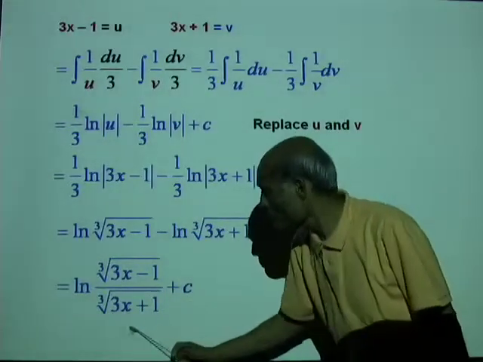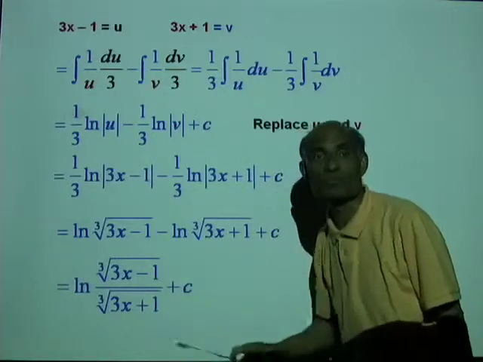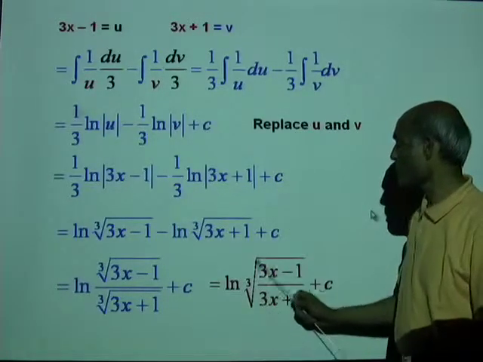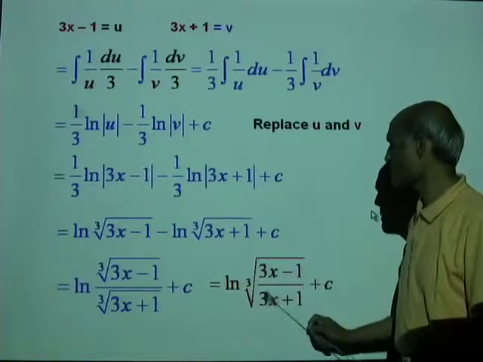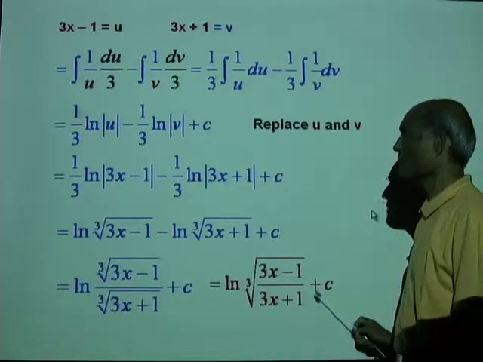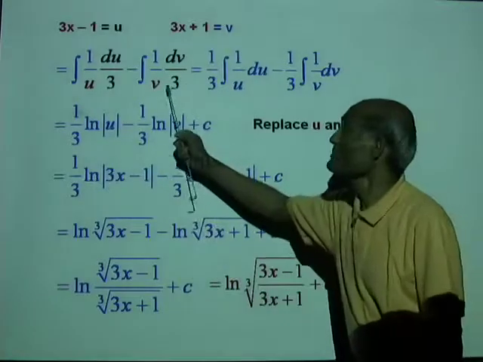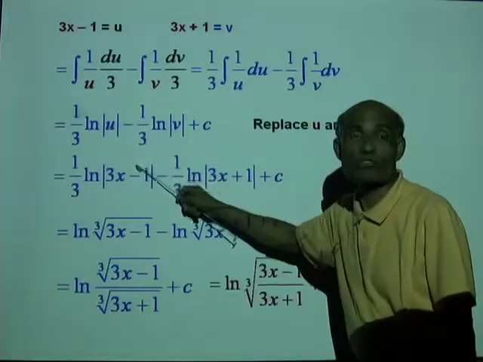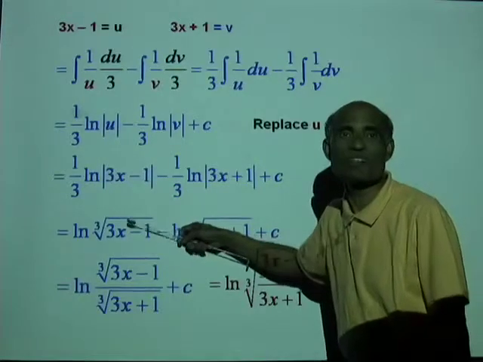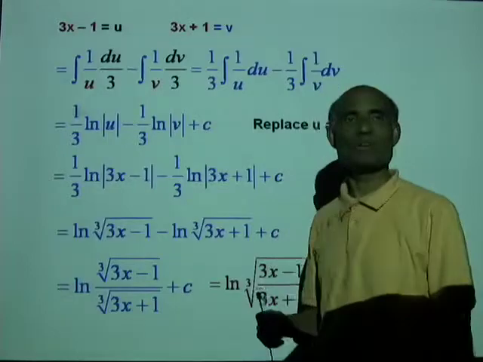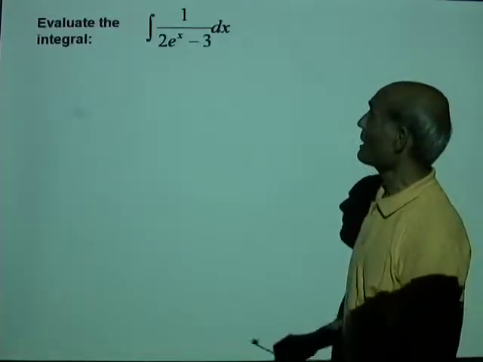And this can be written in a single cube root. So our answer will be ln cube root of quantity 3x minus 1 over 3x plus 1 plus c. Although the integrals are simple, watch the simplification, because most of the time it is the algebraic simplification that is where you get lost.